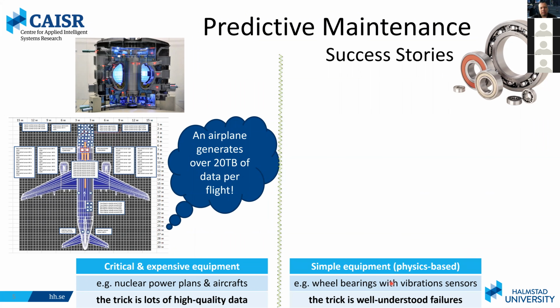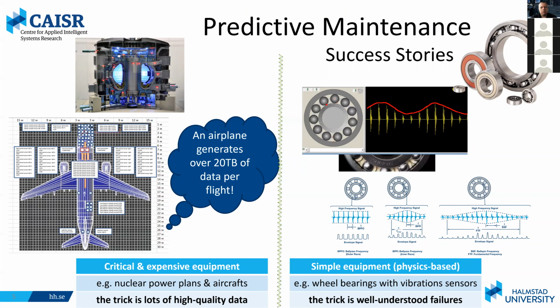And on the other extreme, you have this really simple equipment where you can do a lot of physics-based analysis. You know exactly what goes wrong in systems like this. So you have very good models that describe what kind of problems you can have, how they will manifest, and so on.